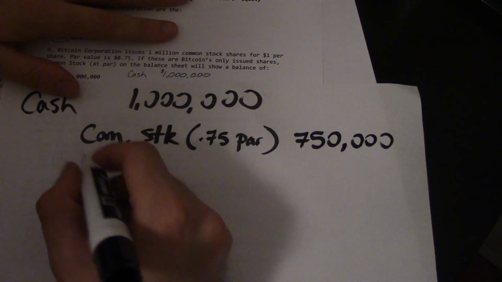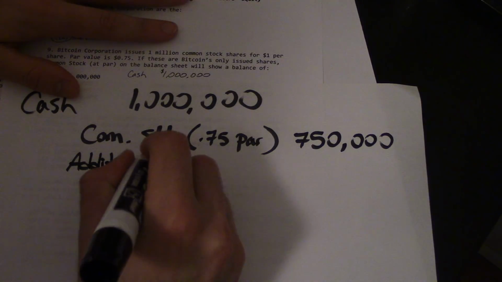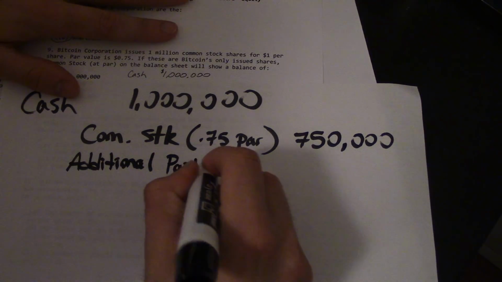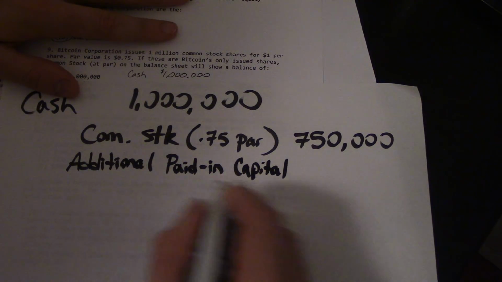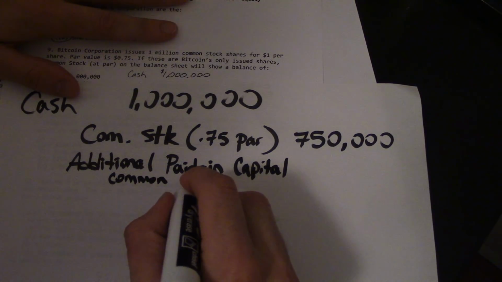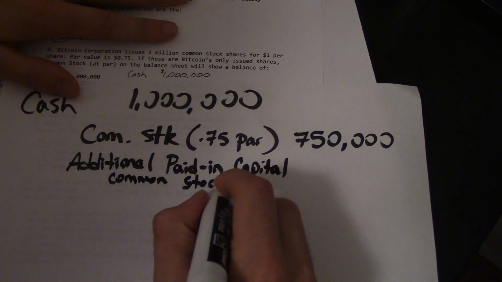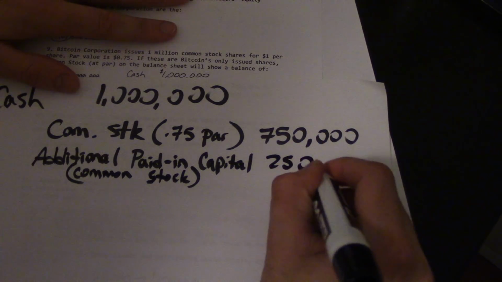And then the rest of it, we just throw into this thing called additional paid in capital. To be more specific, for the common stock, for the rest of it, so the $250,000.